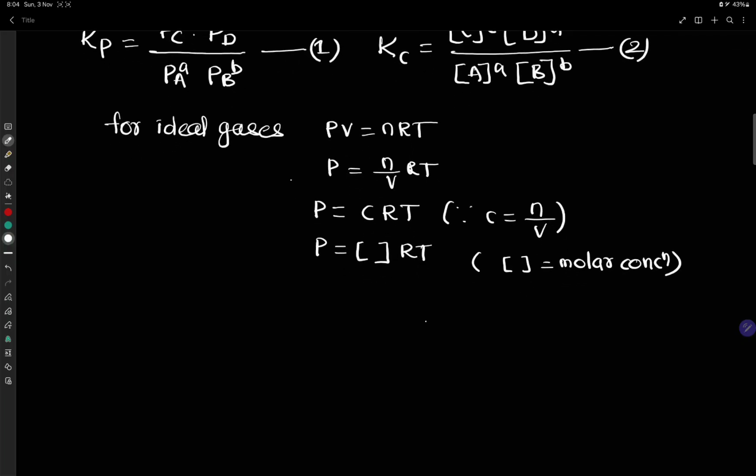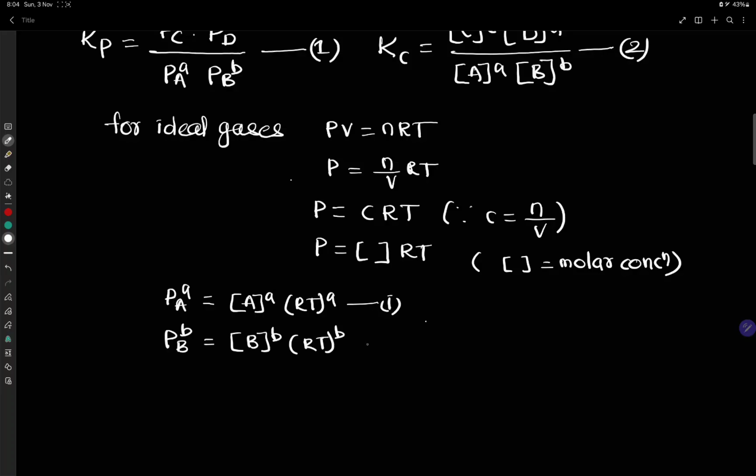Now if it is partial pressure of A power a, what can we write? Partial pressure of A power a becomes molar concentration of A power a into RT whole power a. Consider it as equation 1. In the similar way, partial pressure of B power b becomes molar concentration of B power b into RT whole power b. Consider it as 2.